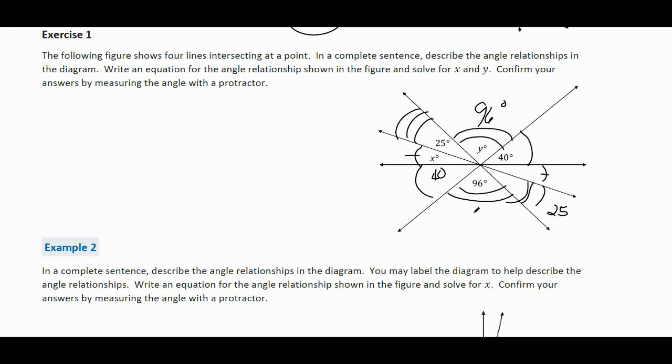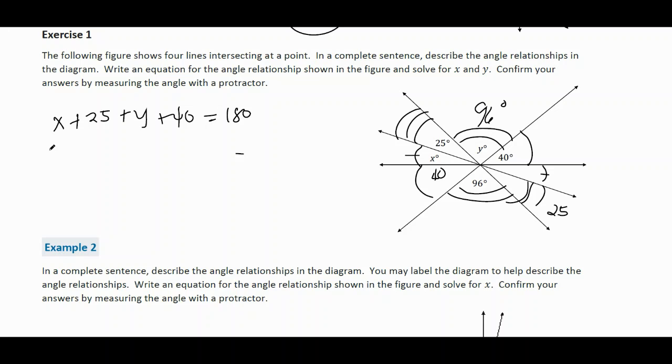Okay, so there are two ways. Solve for this, subtract it from 180, or solve for this, subtract it from 180. Up to you. It doesn't matter. You're still going to end up with the same answer. So x plus 25 plus y plus 40 is going to be 180. Oh, sorry.